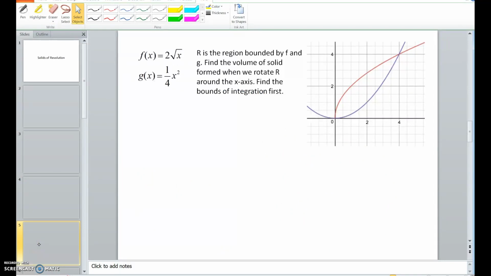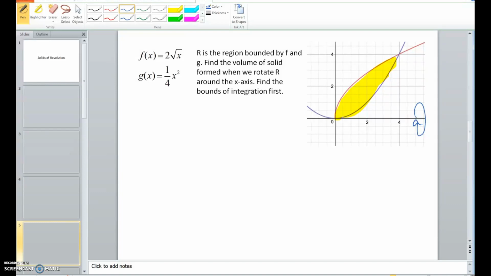Okay, so here the region of rotation is in question. It's bounded by these two functions. So we are going to rotate this around the x-axis. So our axis of rotation is here. So we're going to get a funky bowl shape.